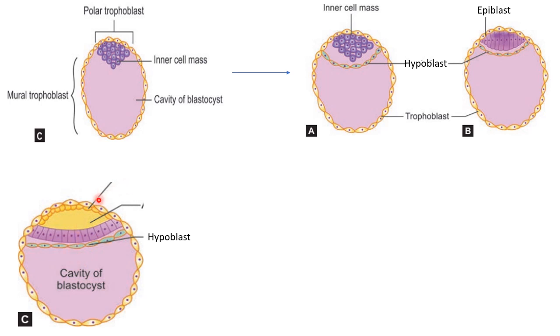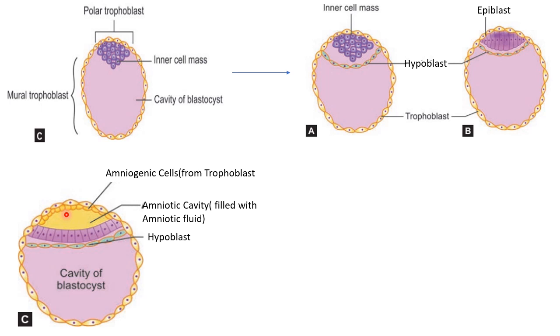There will be fluid invagination between the trophoblast and the epiblast, and then the trophoblastic cells will start proliferating, and they will form amniogenic cells from the trophoblast. So these cells here are what we call the amniogenic cells. Then due to fluid invagination into this cavity here, we will form a cavity known as the amniotic cavity, which is filled with amniotic fluid.